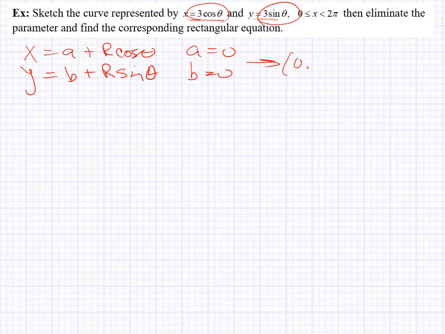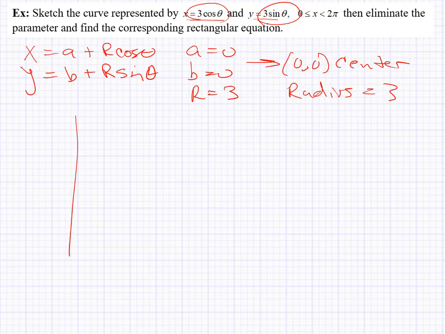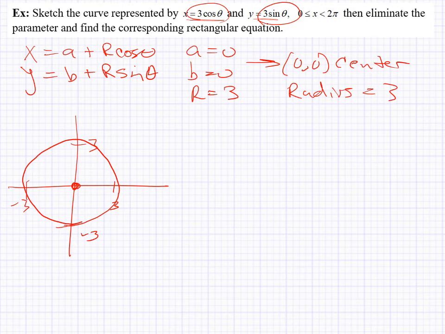So my center is 0, 0. And in both cases, r is 3. So if my radius is 3 and my center is 0, 0, that should be very easy to draw the graph. So 0, 0, go 3 units in all directions. And there's your circle. Okay?